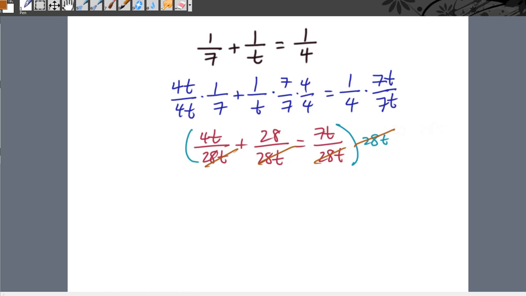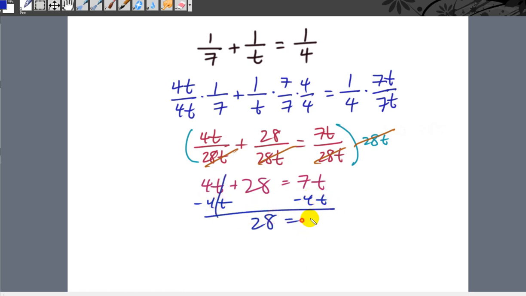Okay, so what we're left with is 4t plus 28 equals 17. And then our goal is to solve for t. So we can subtract 4t from both sides, it cancels, 28 equals 3t, solve for t, you divide by 3.